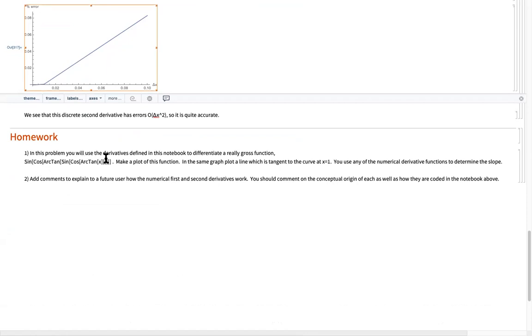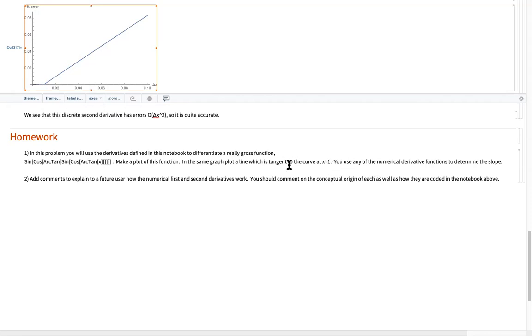In the first problem, you will use the derivatives defined in the notebook, so they're already handed to you, and apply them to a really gross function. So sine of cosine of arctan of sine of cosine of arctan. Make a plot of this function, and on the same graph, plot a line which is tangent to the curve at x equals 1.